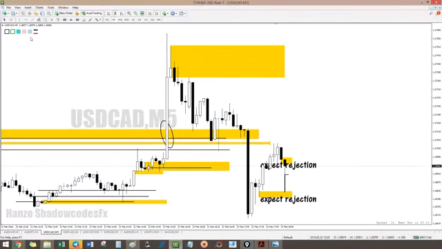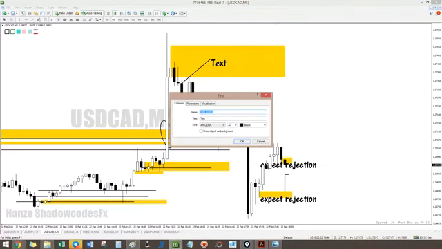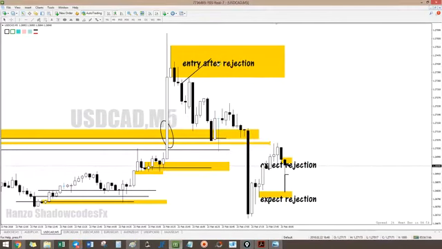And then you just enter here. You enter on the second candle after the rejection. Entry after rejection.